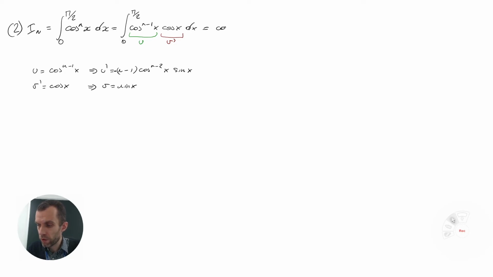We get u times v, sine x. And here we have to be a bit careful. We're looking at a definite integral, so we have to evaluate what this thing is at pi over 2 and 0. And then minus, it's going to be u prime times v, so I'm going to take out the n minus 1 from the integral.